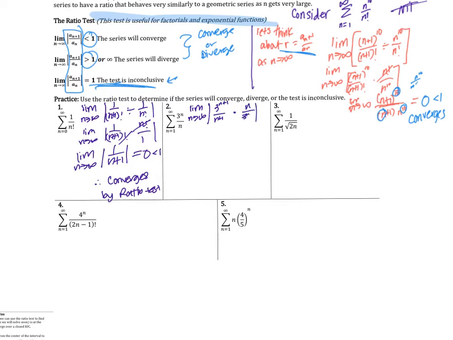I'm going to simplify. 3 to the n is going to make that go away, so I'm just going to have 3 left in the numerator. I can't simplify this n and n plus 1, so 3n over n plus 1. As n goes to infinity, the degree of that polynomial is the same in the numerator and the denominator, so this limit is going to be equal to 3. 3 is greater than 1, therefore this diverges by the ratio test.